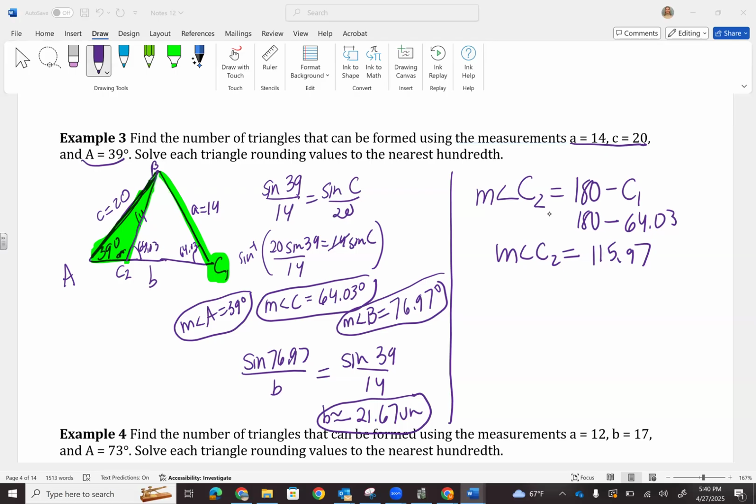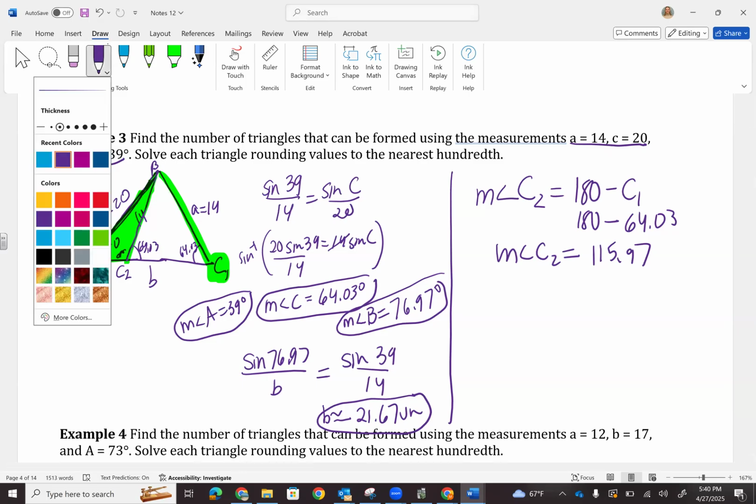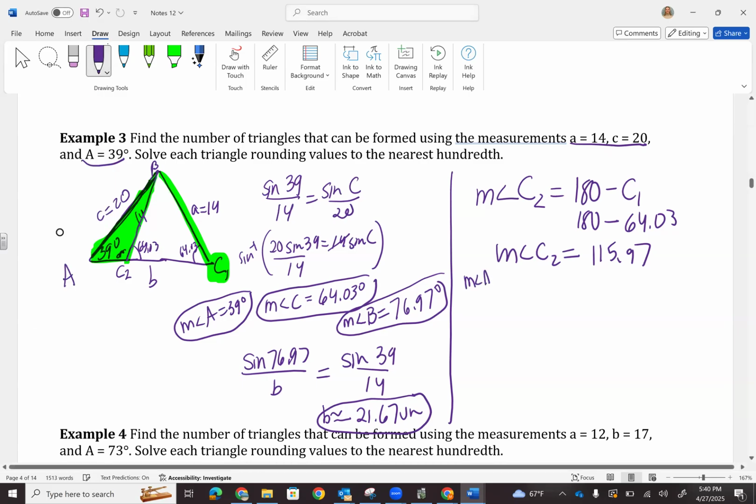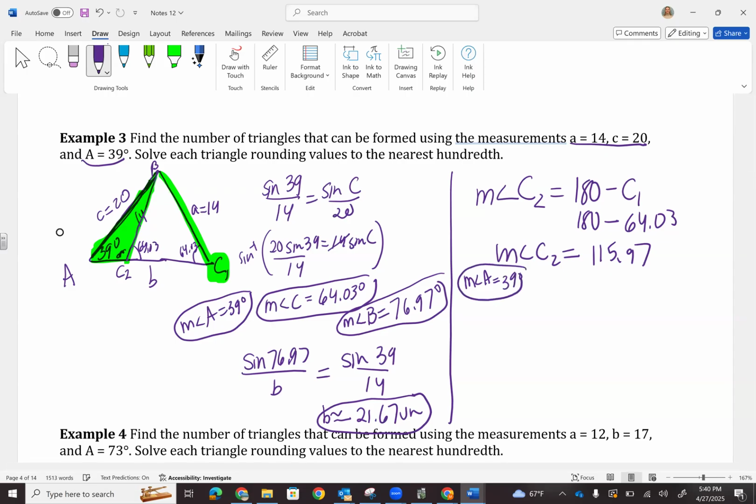Then we say the measure of angle A is the same still, because that was given, 39 degrees. C2 is 115.97, and let's see what B2 is going to be.